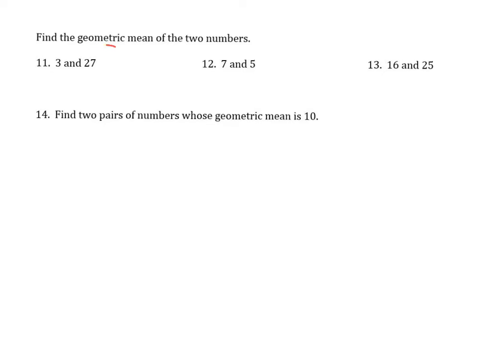Next couple problems, I'm dealing with geometric mean. So remember, this is your A value, this is your B value. So when you set up the proportion, it's going to be A over X equals X over B. So I'm essentially going to have 3 over X equals X over 27.